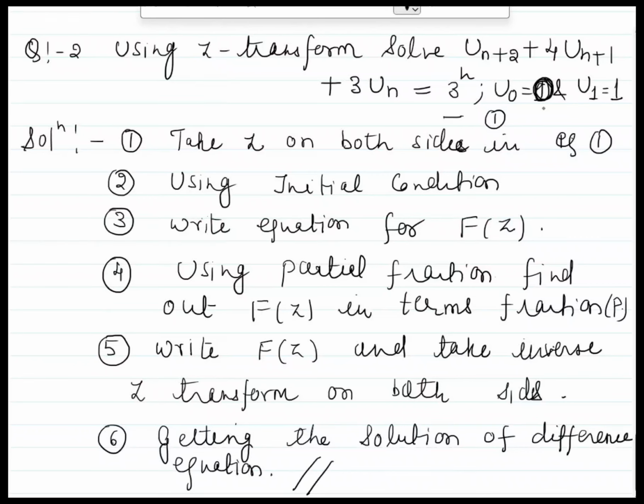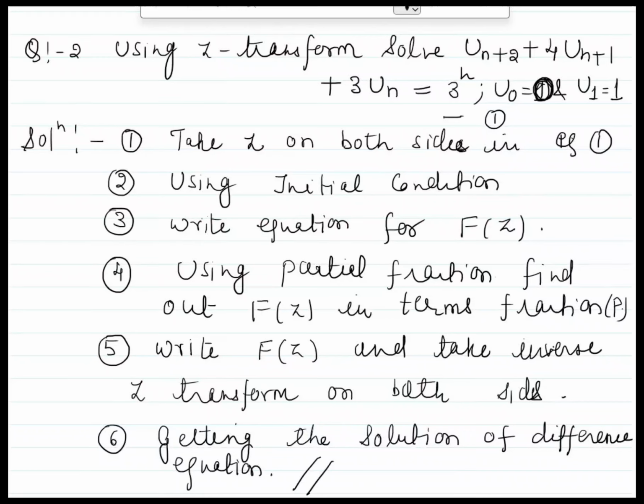For practice purposes, I am giving you u0 as 0, and you can take u1 equal to 1. The question is: un+2 plus 4 times un+1 plus 3 times un equals 3n, with the initial conditions u0 equals 0 and u1 equals 1.